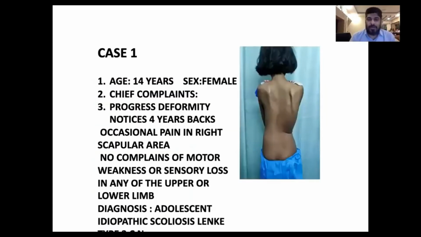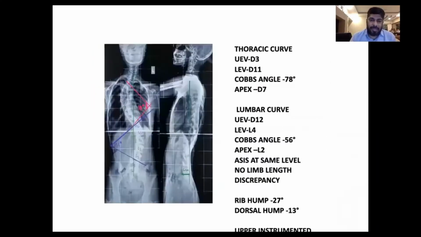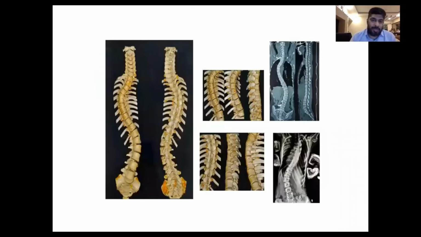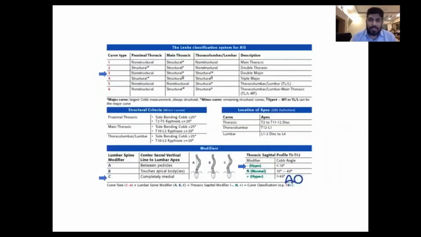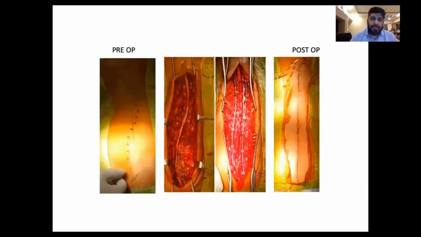Second case of double major thoracolumbar curve. This is a 14-year-old girl with progressive deformity. 78 degrees was the thoracic Cobb, and lumbar was around 56. Significant deformity, and we planned for a deformity correction. Sometimes these deformities can be challenging, but if you see on table, on positioning, we were really concerned with this, but we got very good placement of the screws, strategic screws.